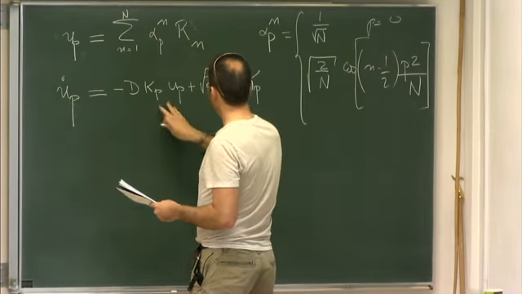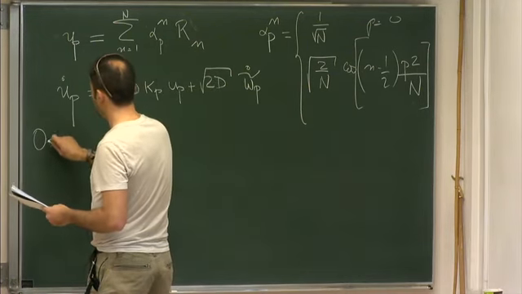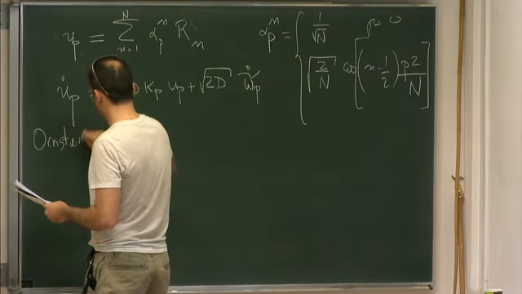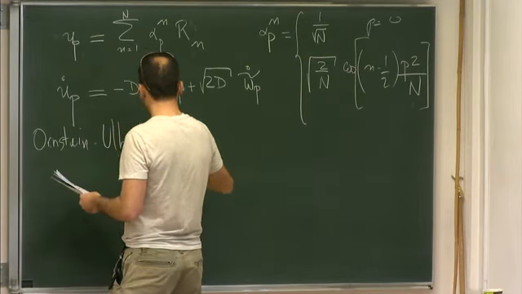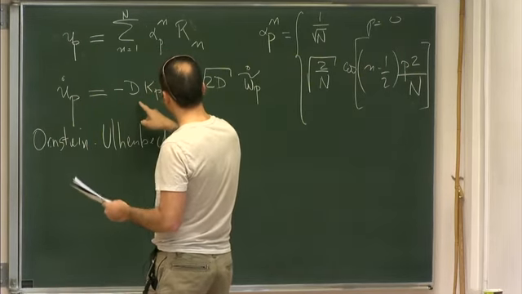This is the Ornstein-Uhlenbeck process. D is the diffusion coefficient.